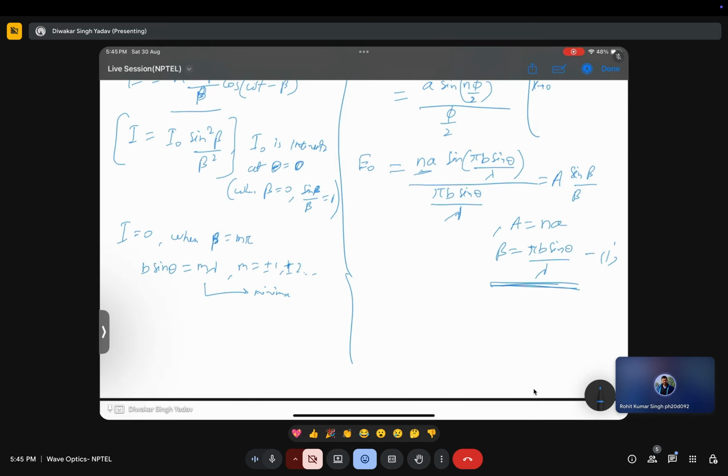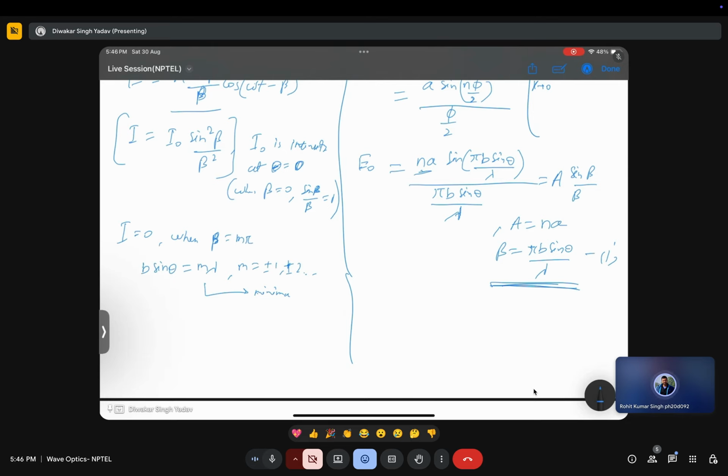Now you notice that this condition is opposite to what you get in the interference. In the interference of two slits, you saw that this was the condition for maxima, but here this is the condition for minima.